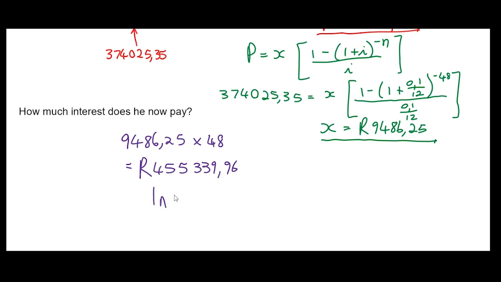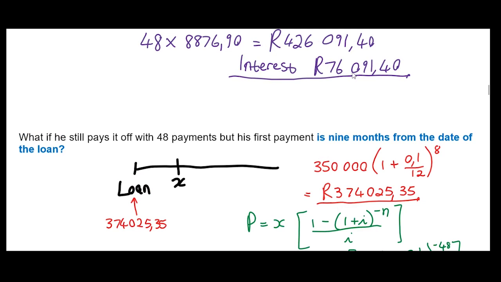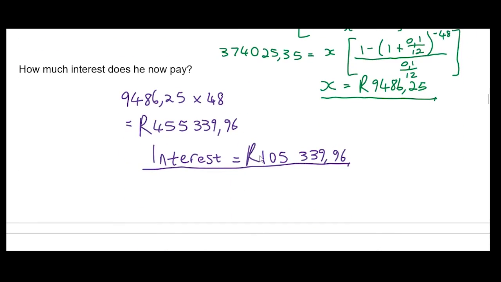So the interest is just the difference between what he had to repay and how much he borrowed. So it's going to be 105,339 and 96 rands. Notice that he's paying more interest this time than last time. Last time he was only paying 76,000 rands worth of interest. The reason being is he's paid interest for those 8 months before the start.